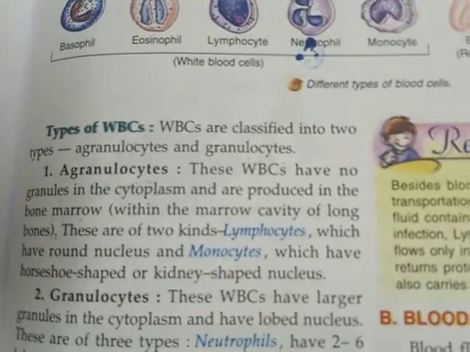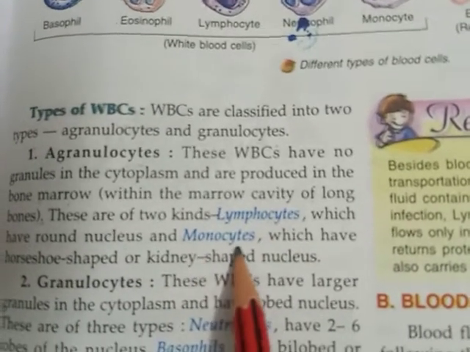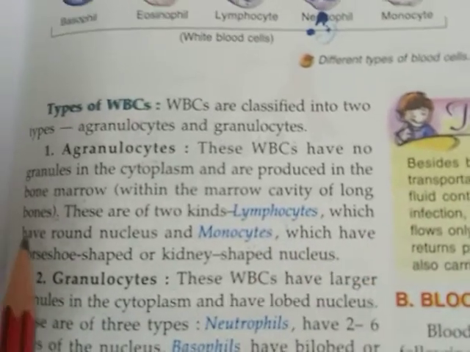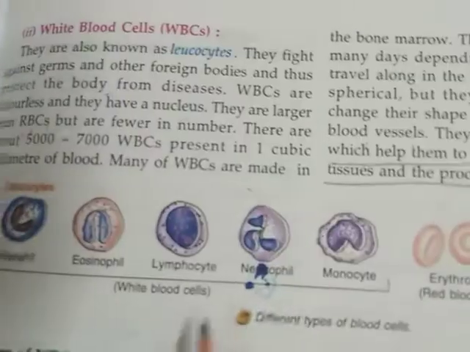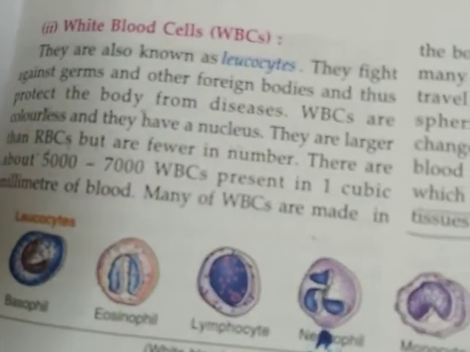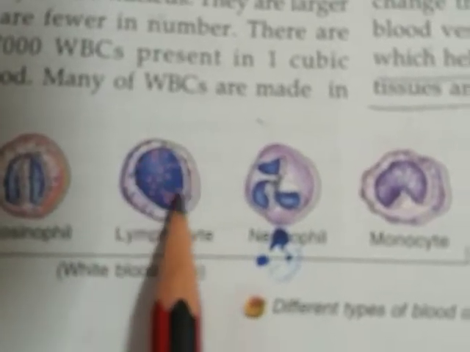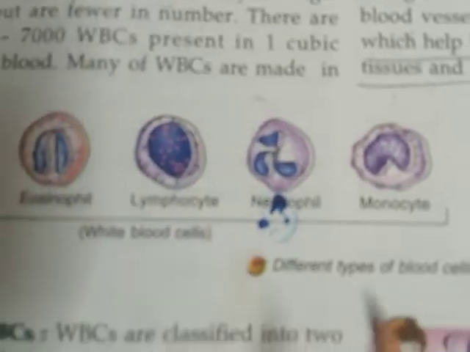Now we'll see what is the difference between the lymphocytes and the monocytes. Lymphocytes have a round nucleus. You can see here lymphocytes. See the shape of the lymphocyte, and you can see inside this, they have a round nucleus.